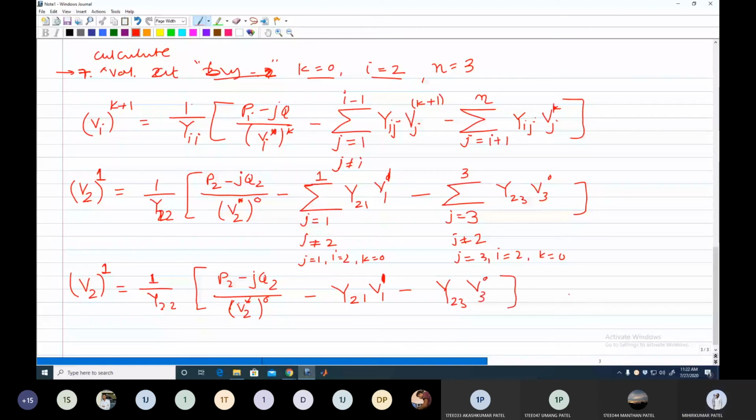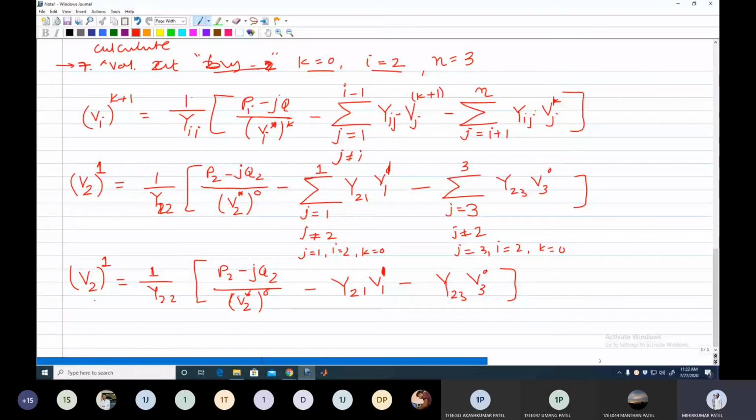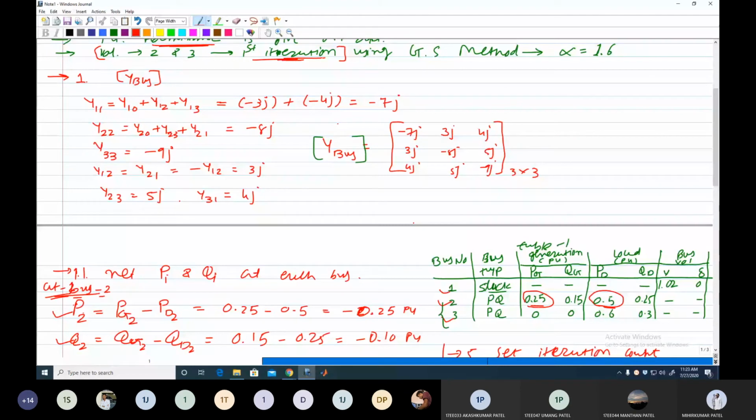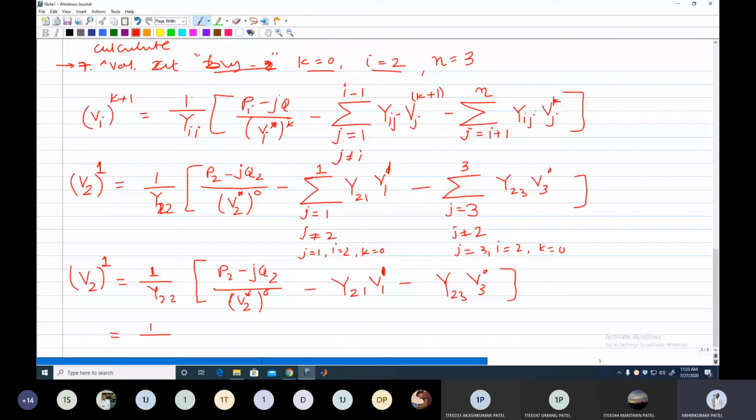Now just substitute the value of each parameter which you have already derived. What is the value of y22? Just see the matrix. Y22 you have to substitute from the final matrix. So y22 is minus 8j.